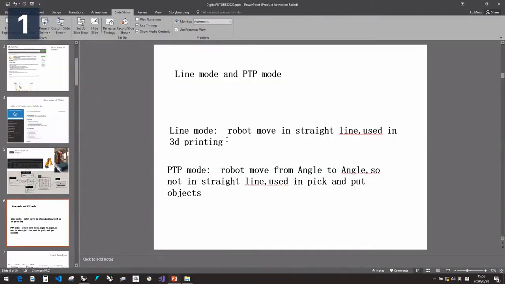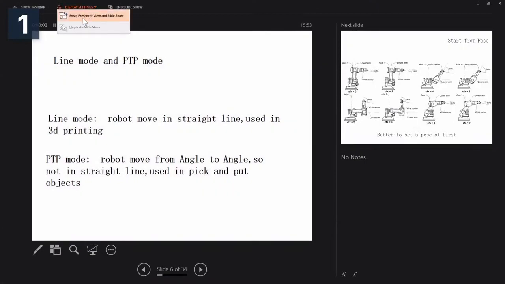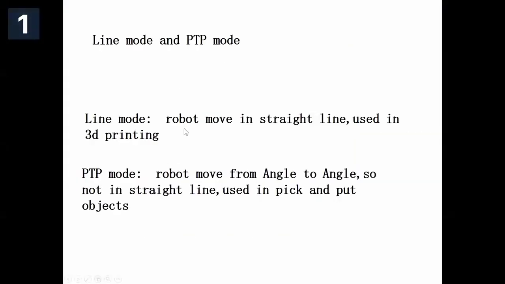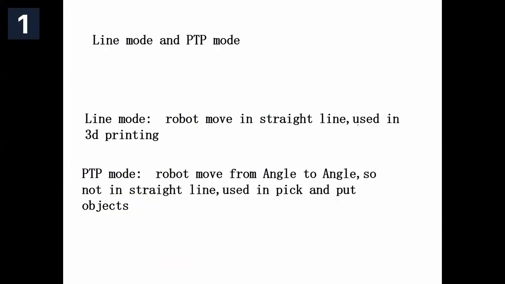The usage is different. In 3D printing, we need to print the line in very small segments. It should be a straight line, so it's used in 3D printing.